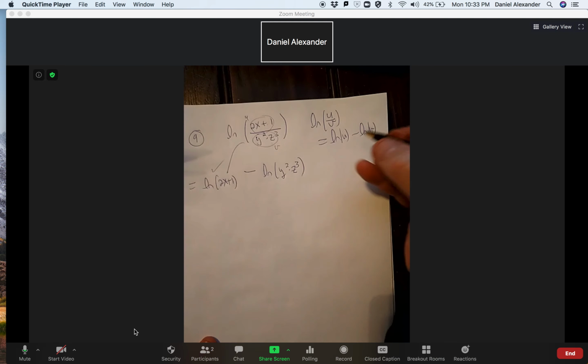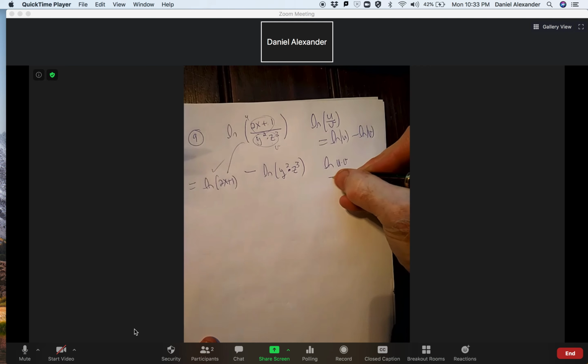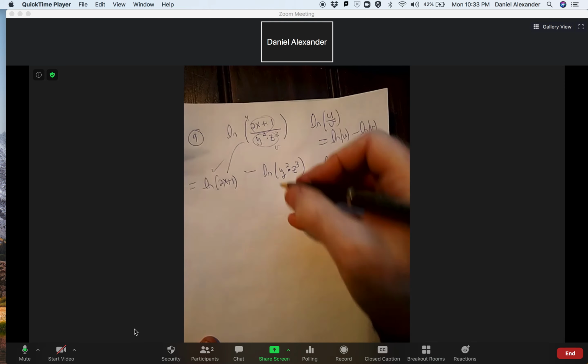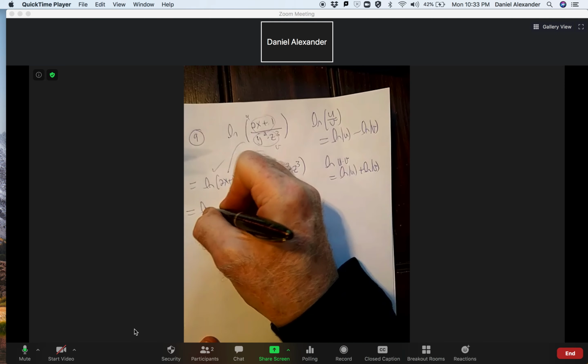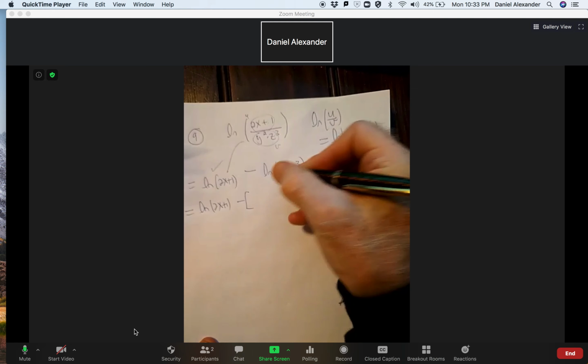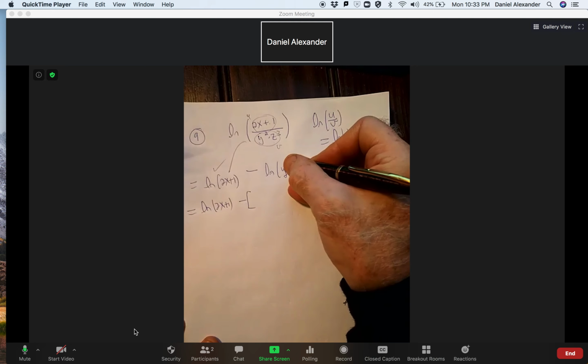This one's done. This one is going to be multiplication. So I'm going to use this rule. Log of u times v equals log of u plus log of v. So I'm going to use that here. There's nothing more I can do to the 2x squared plus 1. And remember this minus, everything I do here is going to have a minus sign in front of it. So this is going to be the log of u.